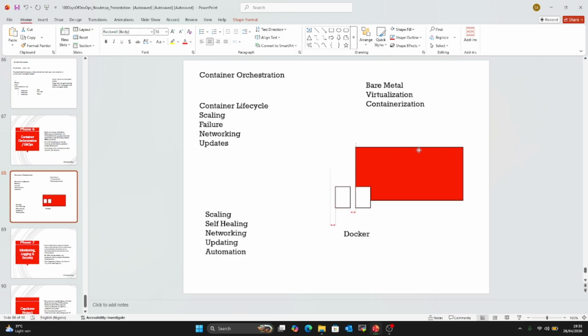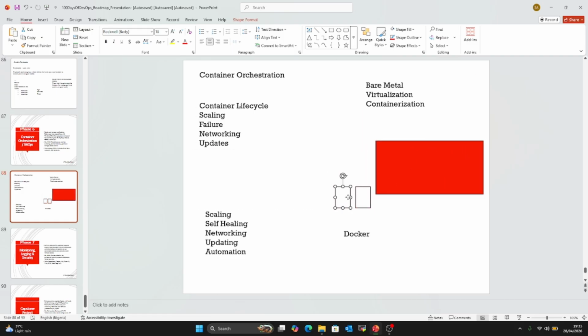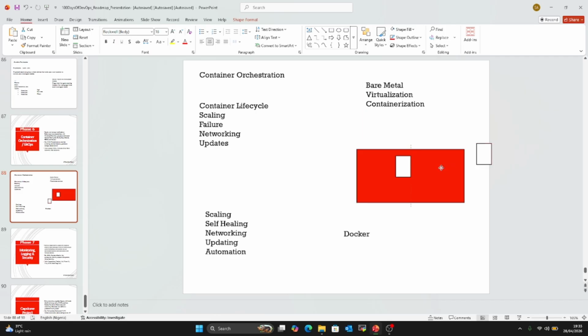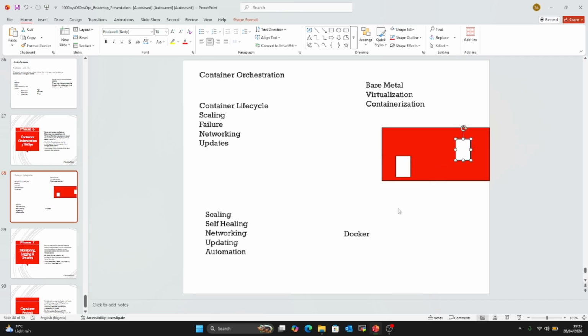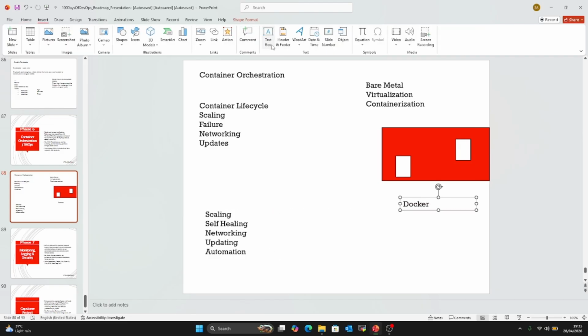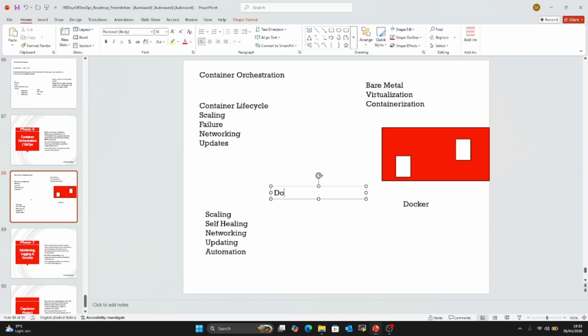Let me move this here so there's space. Okay, and then move Docker here. Okay, let me insert again. So the first is Docker Swarm.